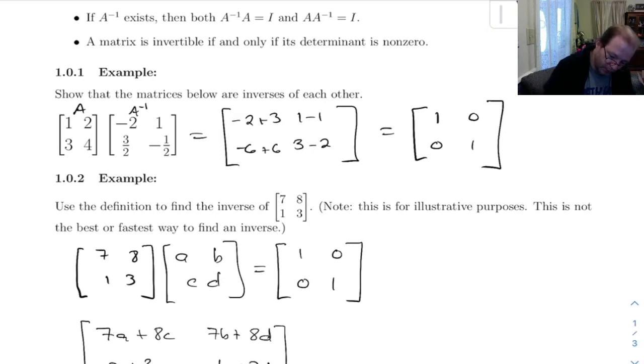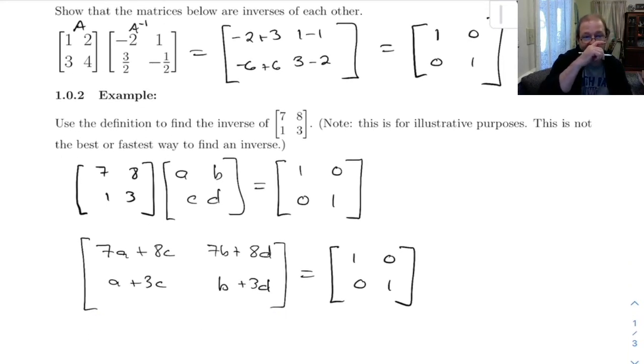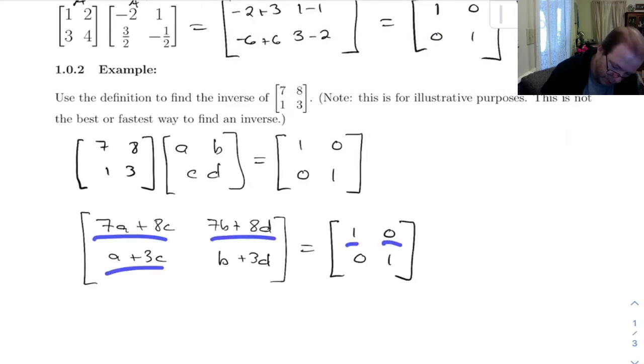And that's all equal to the identity. So I've still got this 2 by 2 matrix, but each one of the entries is a small equation. And so now I can set this up as a system of linear equations. Basically, I'm going to set this equal to 1, this equal to 0, and so on.